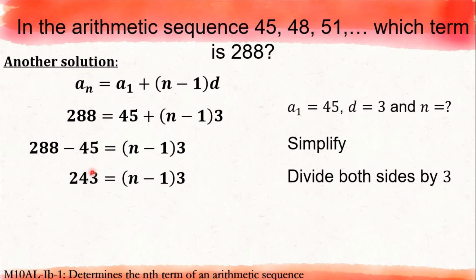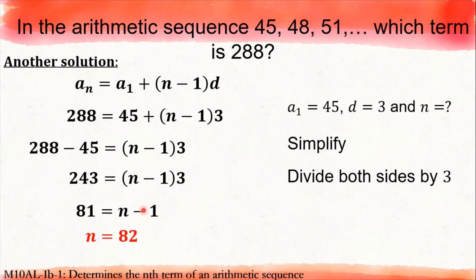288 minus 45 is 243 equals n minus 1 times 3. Now, dividing both sides by 3, pag dinivide natin to by 3, n minus 1 na lang matitira. Pag dinivide natin to by 3, ang matitira na lang ay 81. Okay, solving for n, we may add 1 to each side of the equation to cancel this out, o kaya use transposition.